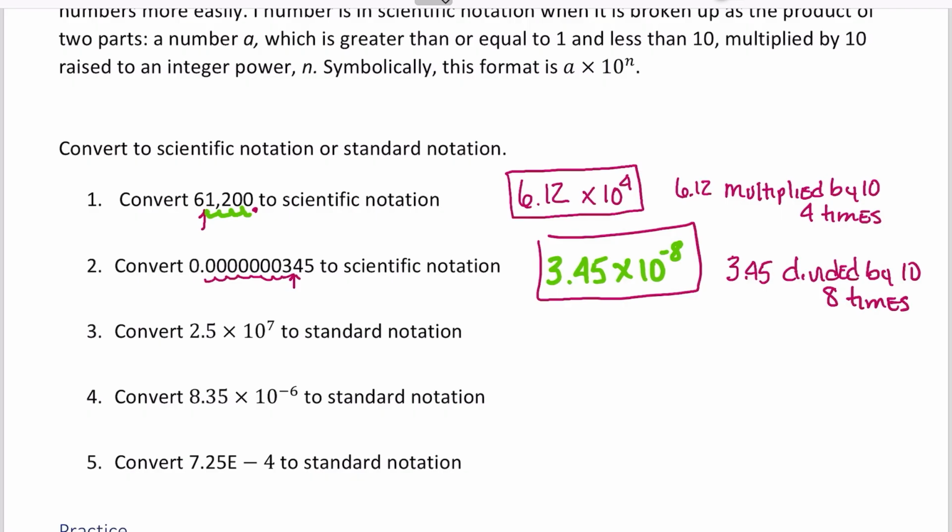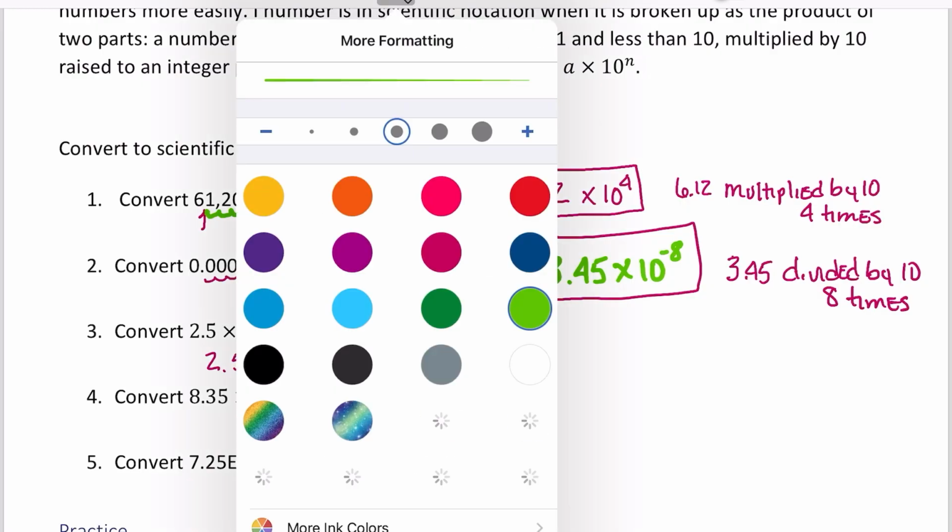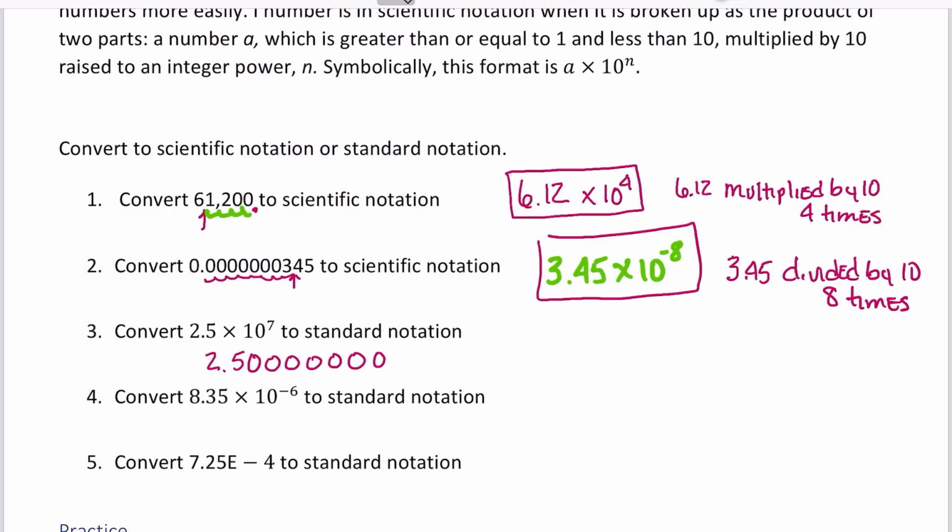Now 2.57 times 10 to the 7th. I'm going to write 2.5, and since I'm multiplying by 10 to the 7th, it's going to be a larger number, so I'll put some zeros and figure out where the decimal goes. I need to move the decimal 7 times: 1, 2, 3, 4, 5, 6, 7.